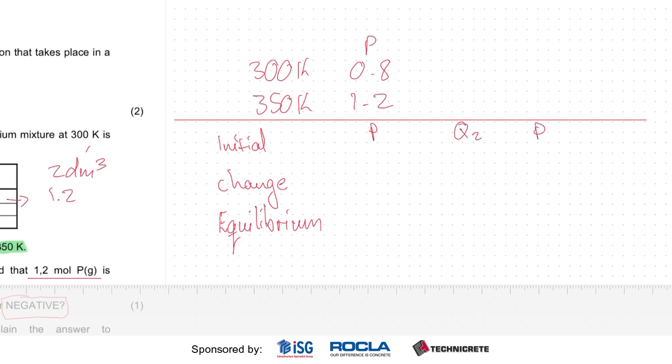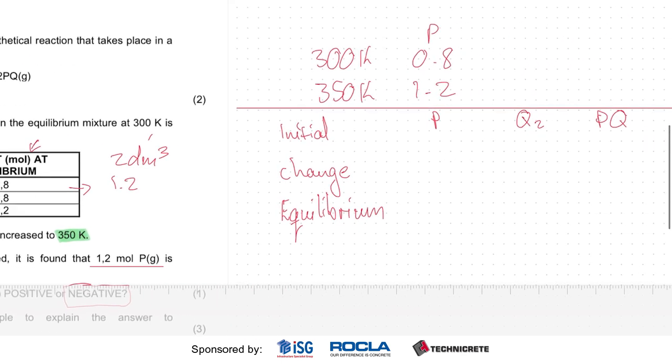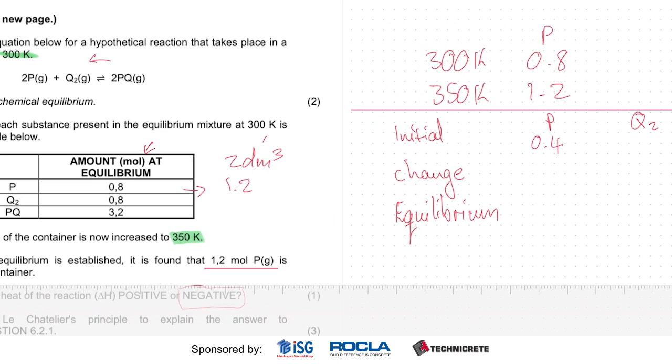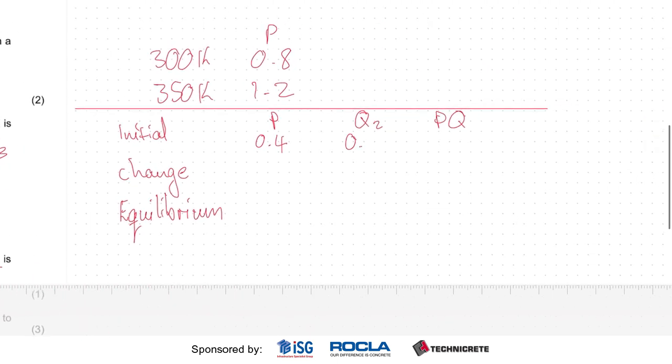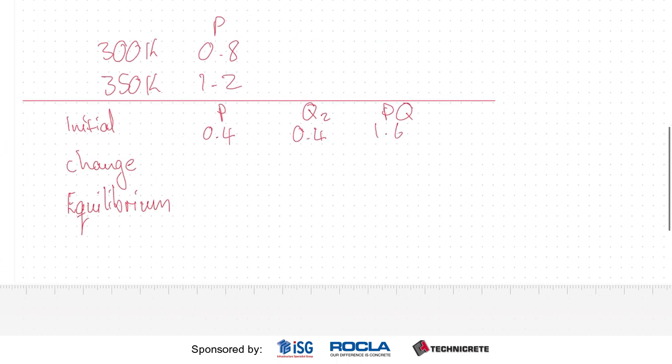Okay, so for each, let's say P, Q2 and PQ, okay? For P initially we had 0.8 moles in a 2 decimeter container. So we'll just take it as 2. This gives us 0.4. And then for Q2, same thing, because it was also 0.8, and then 3.2, which gives us 1.6.